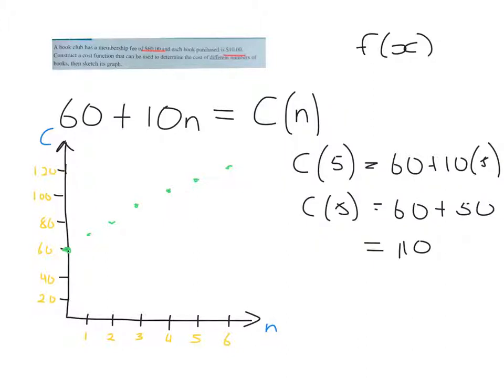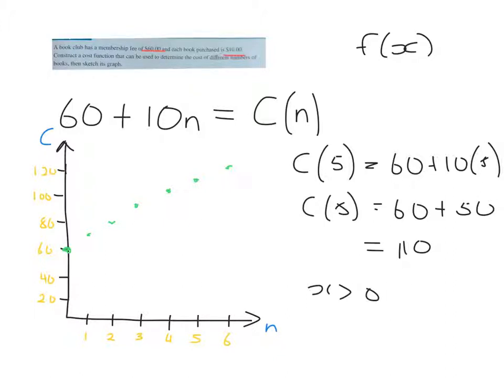Now the other important information that we can pull from this is the domain. You can clearly see here that the domain has to be greater than or equal to 0, so x has to be at least 0, but you might also notice that the dots are discrete numbers. Now this particular question has a rather specific thing we're going to count, which is numbers of books.